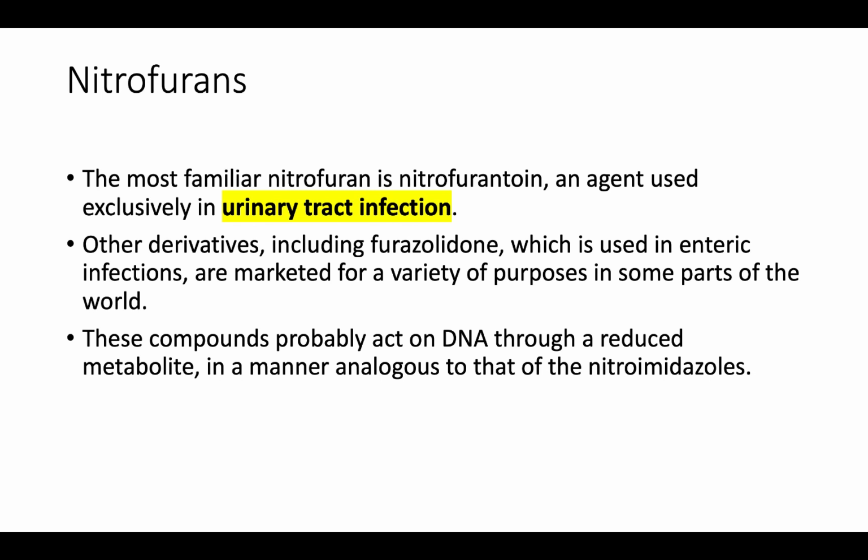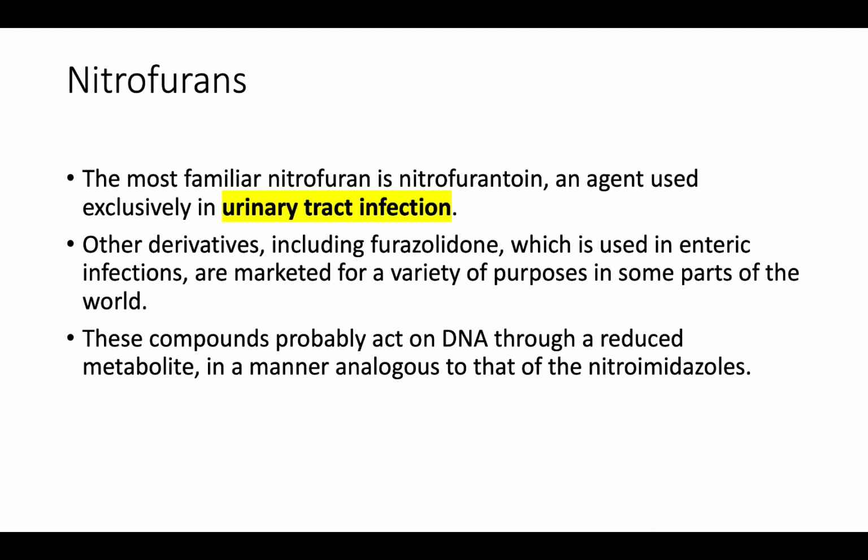Nitrofurans we add here as the main agents usually used for urinary tract infections. They are one of the main agents used because they have fewer side effects than the sulfa drugs, for example, or Cipro, or maybe some of the beta lactams that you may use.